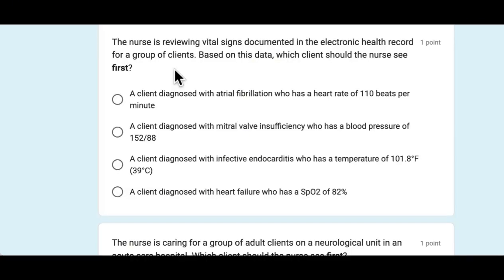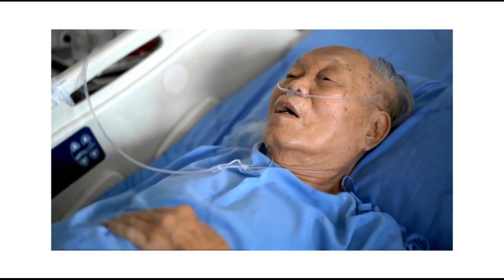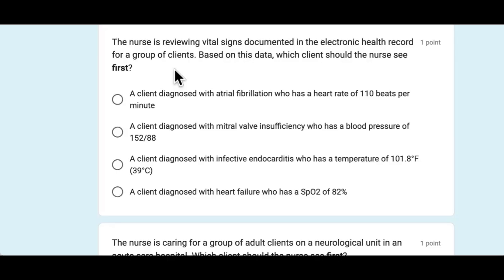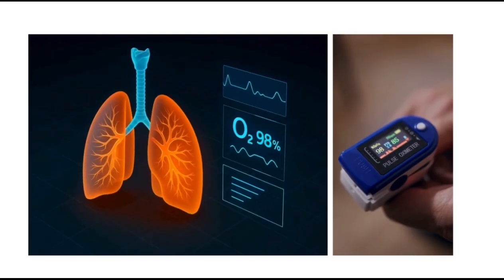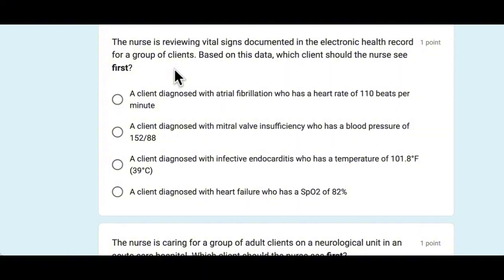And then finally, D, or 4, a client diagnosed with heart failure who has an SpO2 of 82%. SpO2 is also known as pulse oximetry reading. All right, so A, B, C, or D, 1, 2, 3, or 4.